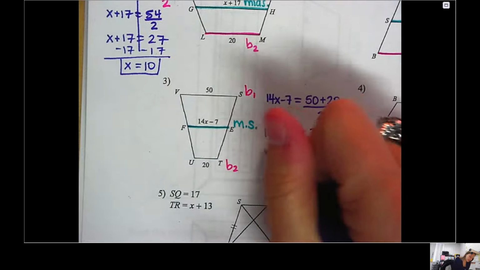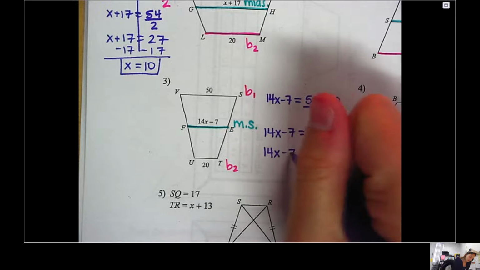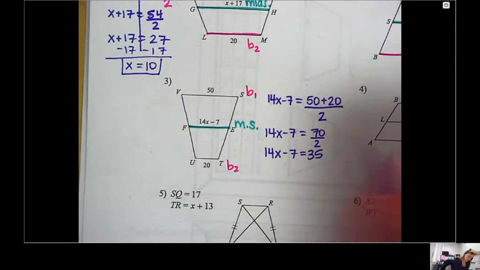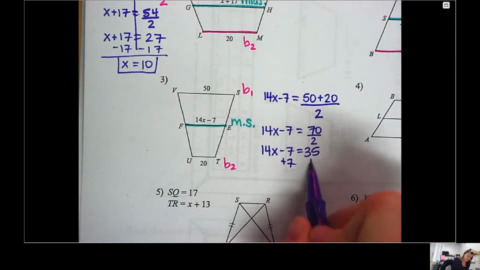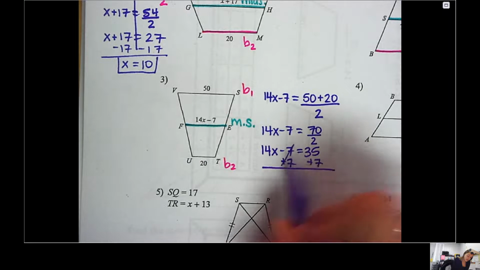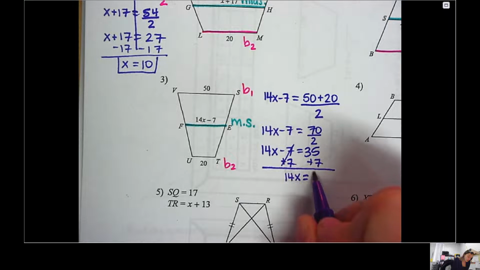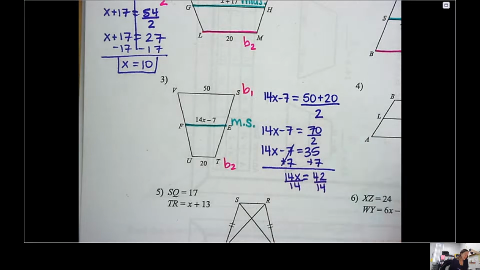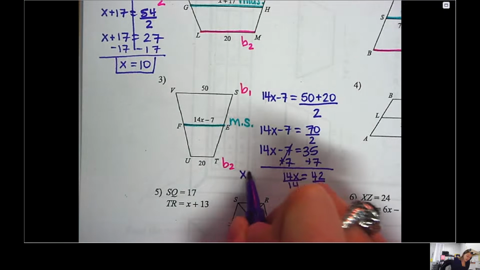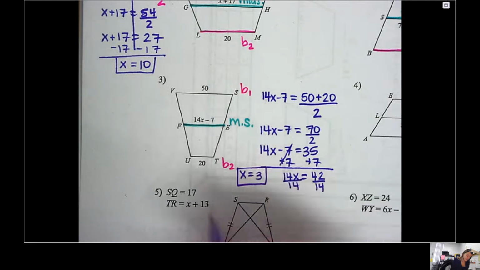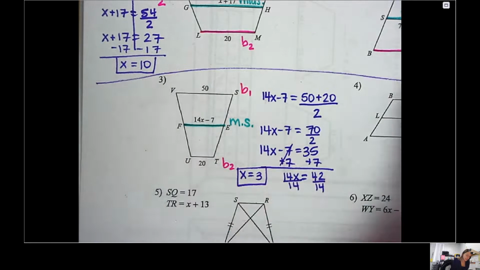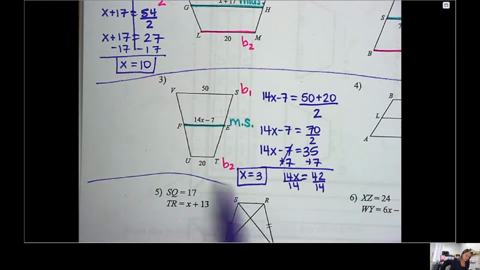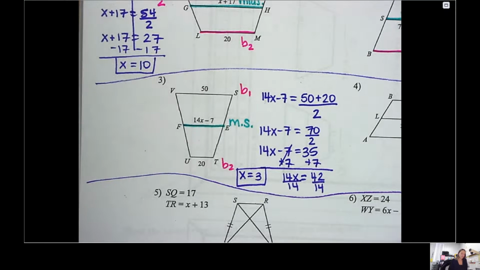Divide that by 2, you get 35. I add 7 to both sides, get my constants together. I get 42, and then divide both sides by 14. My x value is 3. So hopefully you're noticing it's a lot of like the same thing over and over and over again.